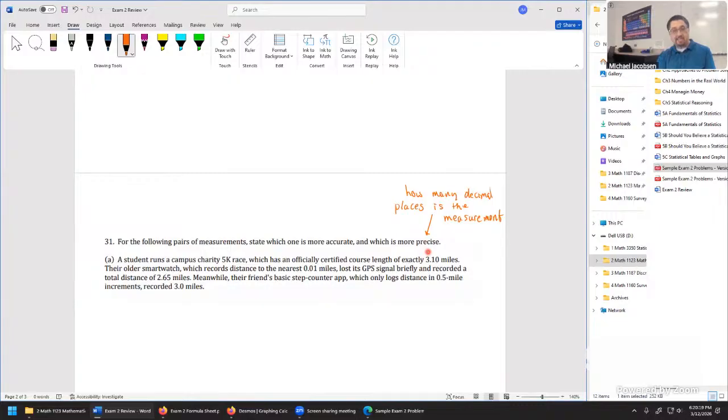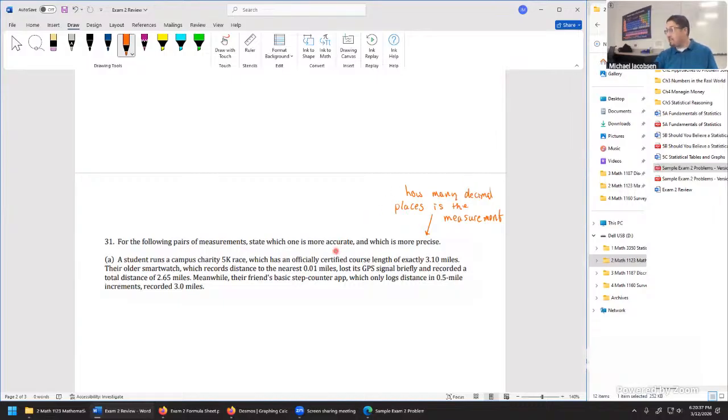So if we're measuring heights, and we have one measurement system that's to the nearest eighth of an inch, but a whole another measurement system that's to the nearest 0.01 inches, that would be to a smaller decimal place, and that would be the more precise measurement.